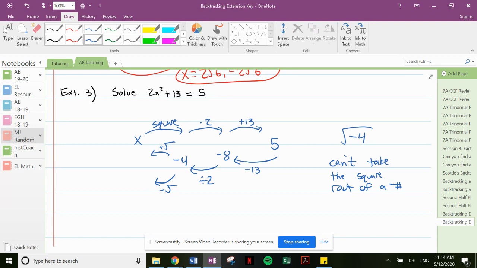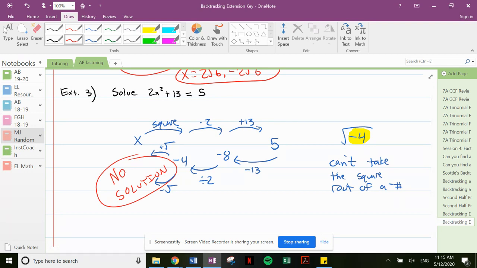That's not possible, right? A positive times a positive is positive, and a negative number times a negative number is also positive. So there's no way to square a number and get a negative value. So when I go to square root a negative number, I can't. So this actually leads us to no solution. There is no number or numbers that I could substitute in there for x and get a real solution here.